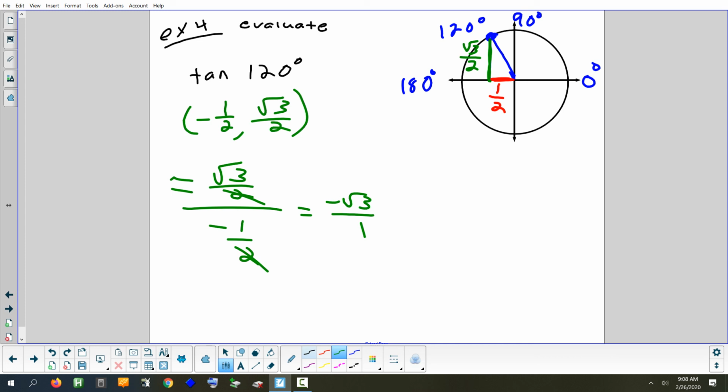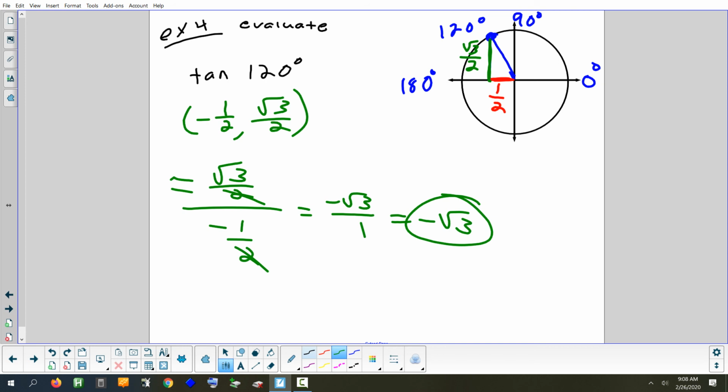Again, when you have a negative in a fraction, it doesn't matter where you put it. I usually just put it in the top. And since it's just divided by 1, you can just do that. So the tangent of 120 is negative square root of 3. Questions on that one?